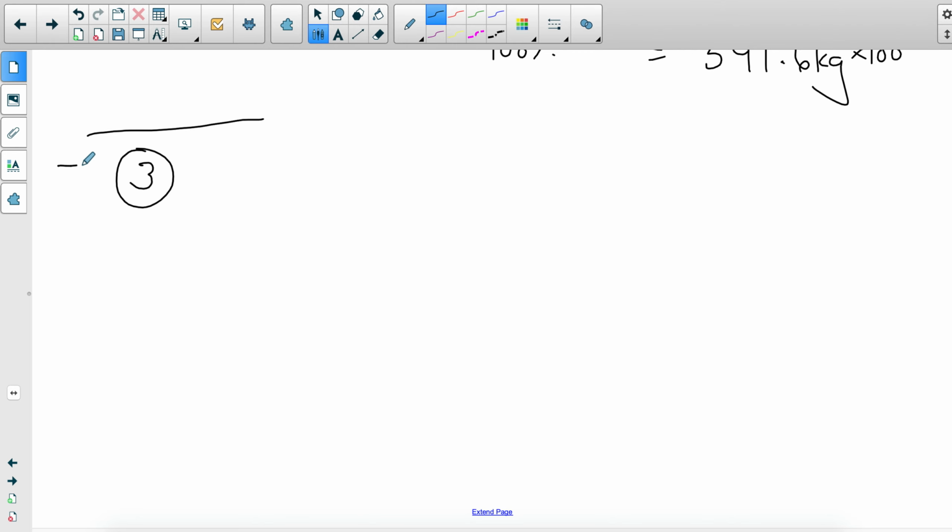I'm going to use the equivalent sign. So the equivalent sign just tells me that these two things are sort of equal. So they've told me that 25% of the amount is equivalent to 85.4.